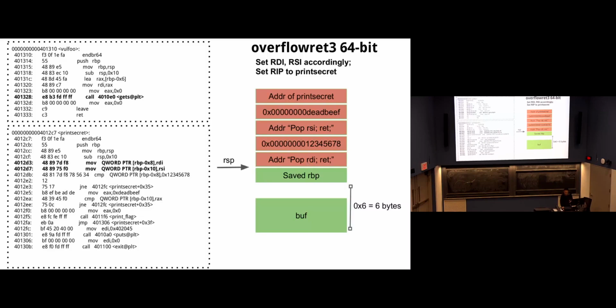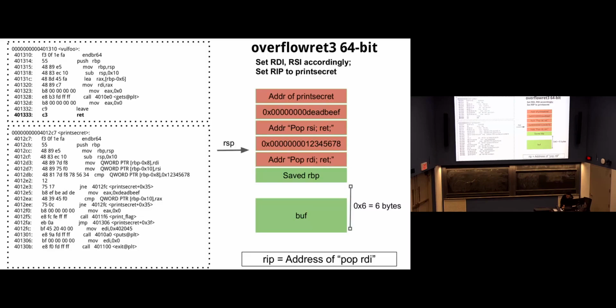Because we execute the return instruction, the IP, the program counter, will be updated to what? To the address of pop RDI, right?